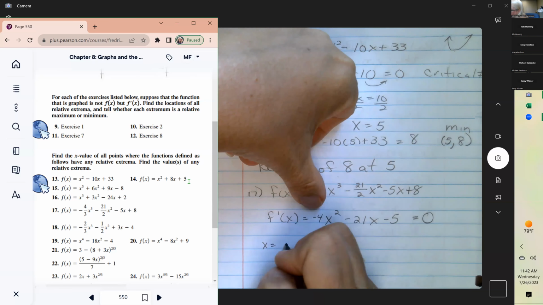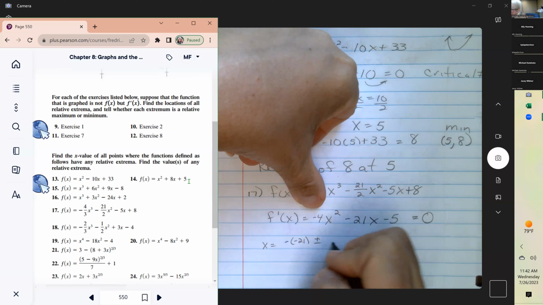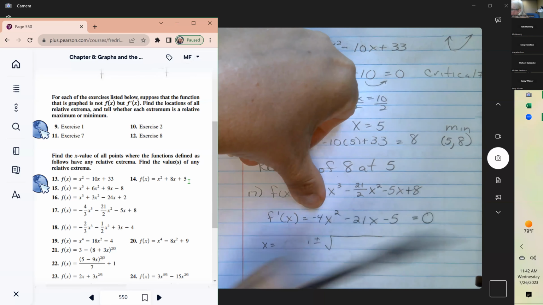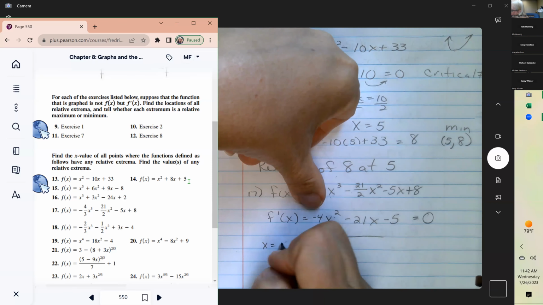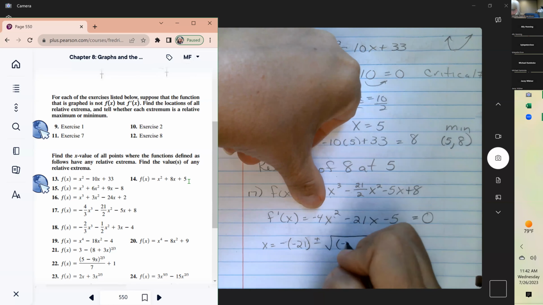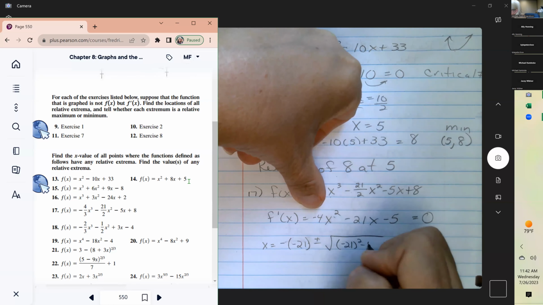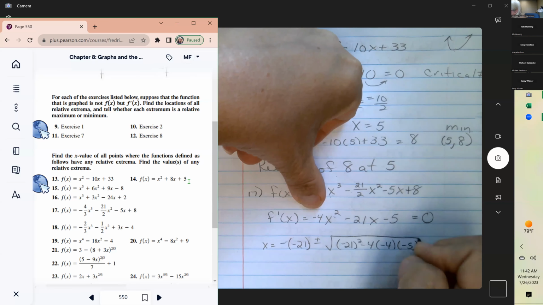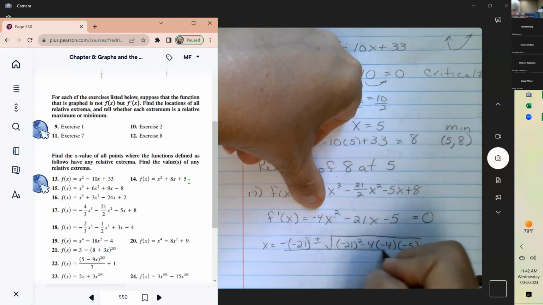Negative b plus or minus the square root of b squared minus 4 times a times c, all over 2 times a.